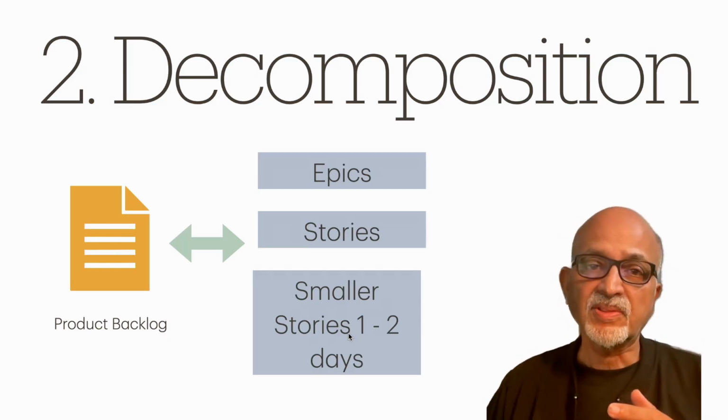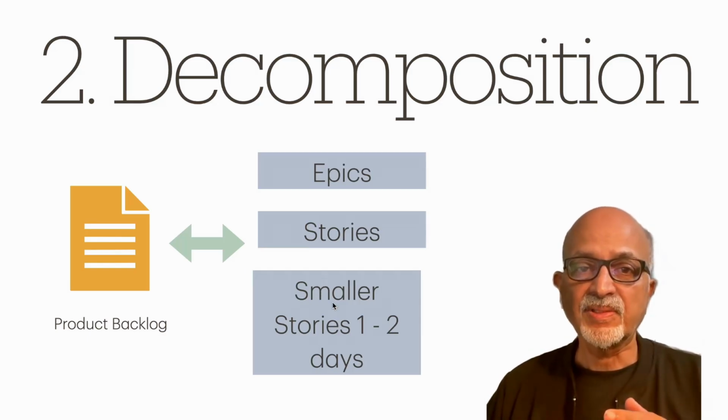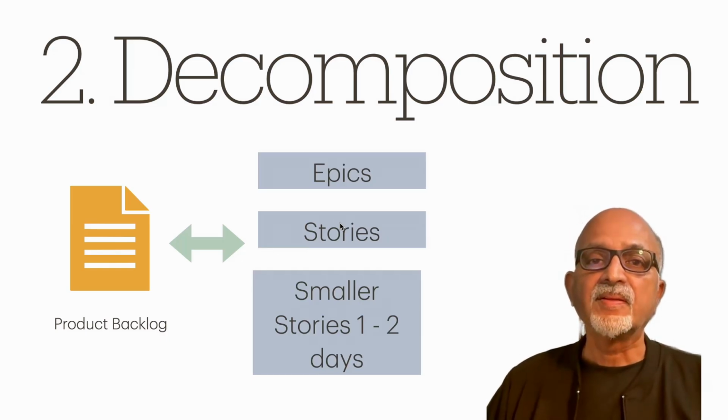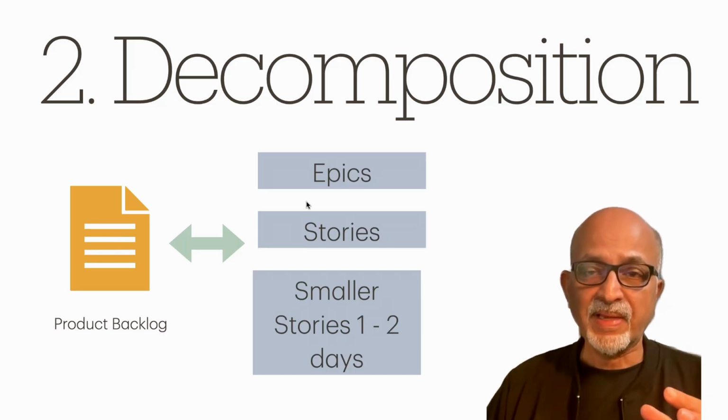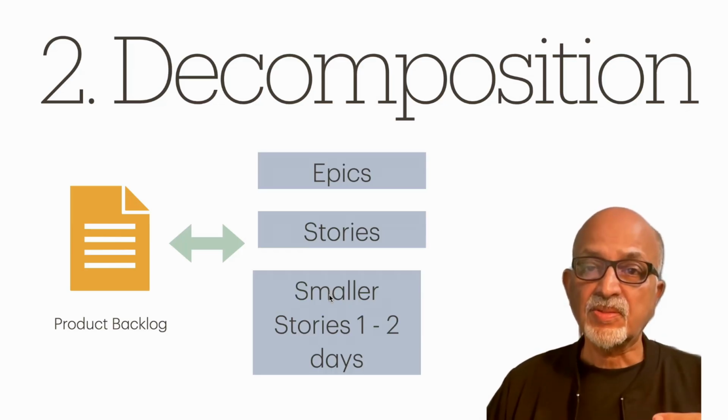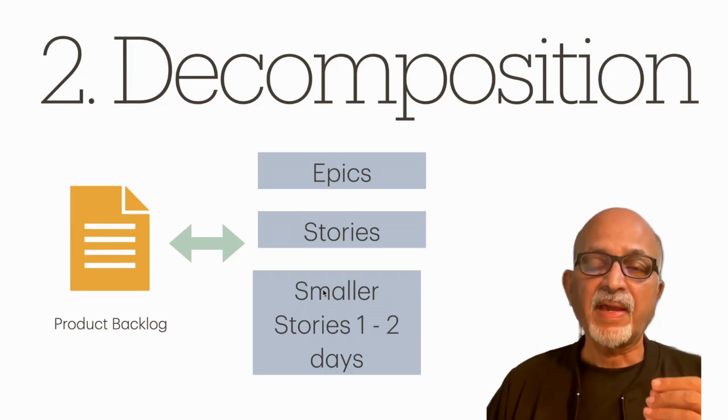So, as far as possible, it is better to break the stories into smaller stories, which can be completed within 1 to 2 or 3 days' time. And the moment it is that granular, it becomes easier to write test cases for it. It becomes testable, it becomes estimatable. So if we have epics in the product backlog, those things should be further decomposed into smaller stories. That is also part of backlog grooming.